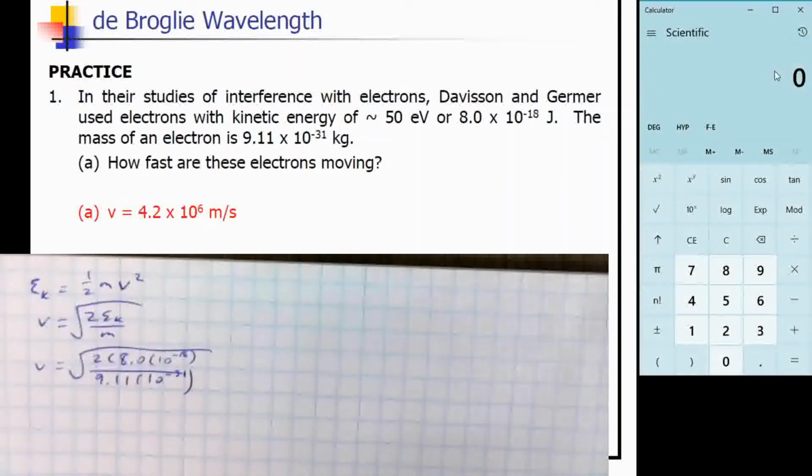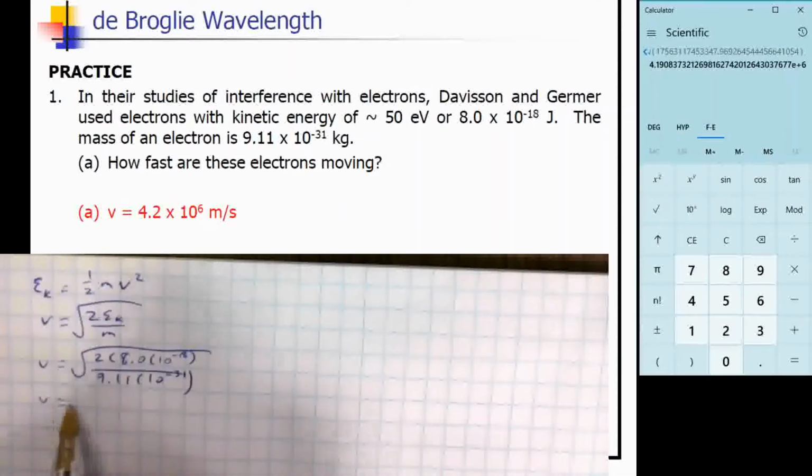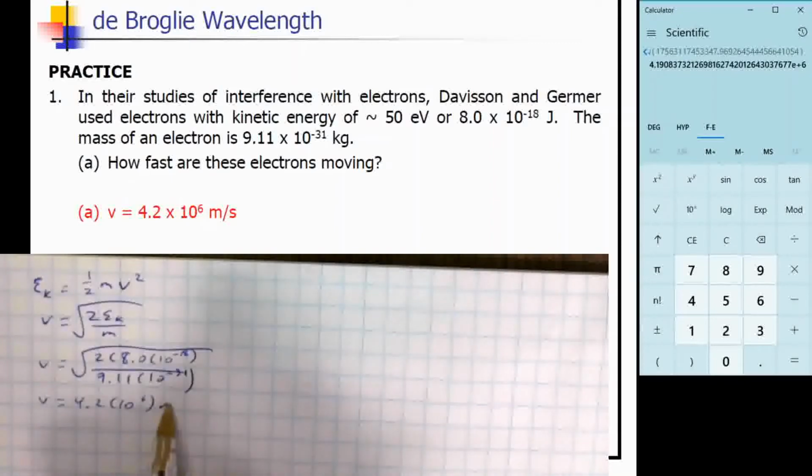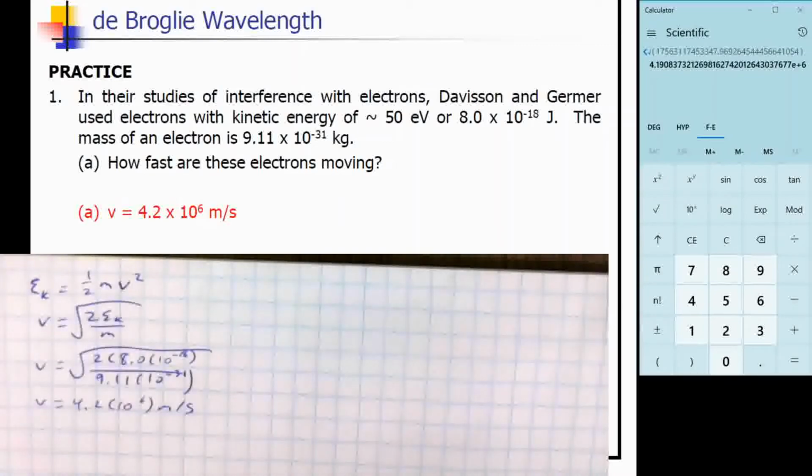So we have 2 times 8 divided by 9.11 times 10 to the power of negative 18 divided by 10 to the power of negative 31. So we have this value. If I find the square root of that, I end up with 4.2 times 10 to the power of 6 meters per second.